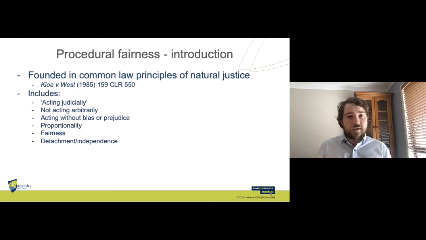Concepts of fairness, so what's fair and equitable under the circumstances. I know it's a very vague term, but what's the right outcome in this case? And finally, a level of detachment or independence, which is tricky to achieve with decisions made under the executive, but we want decisions to be made independent of factors that shouldn't bear on the decision.